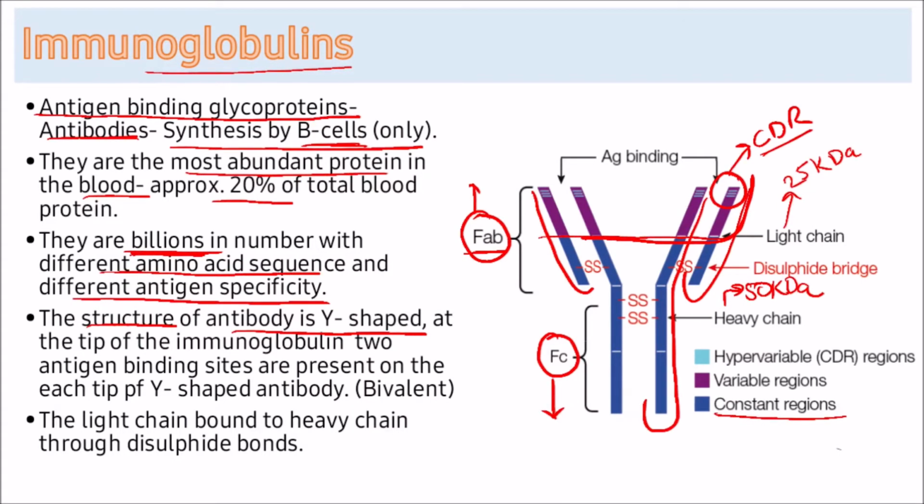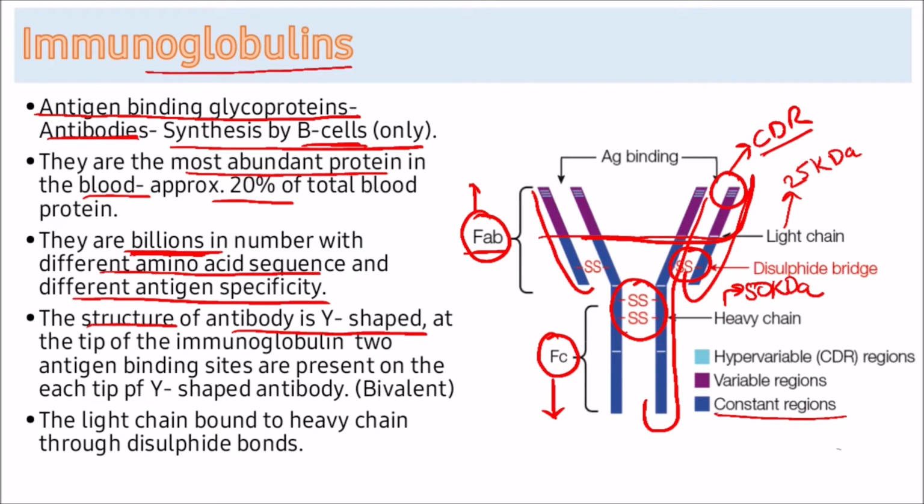The light chain is connected to the heavy chain through a disulfide bond, and the heavy chains together are connected through disulfide bonds and also non covalent linkage. So this is all about the basic structure of immunoglobulin. This is how the basic immunoglobulin looks like.